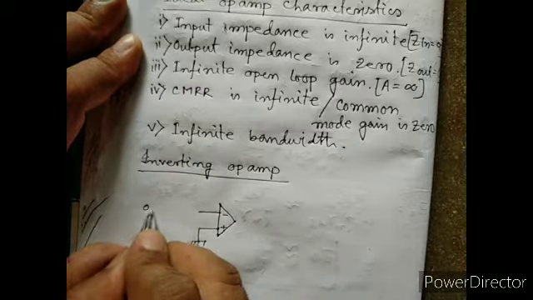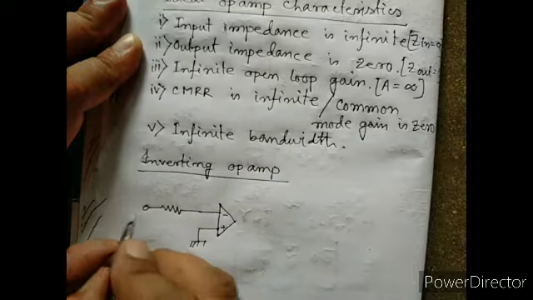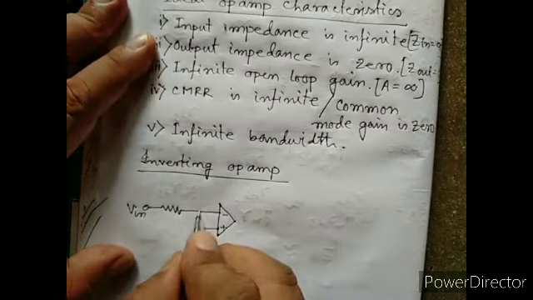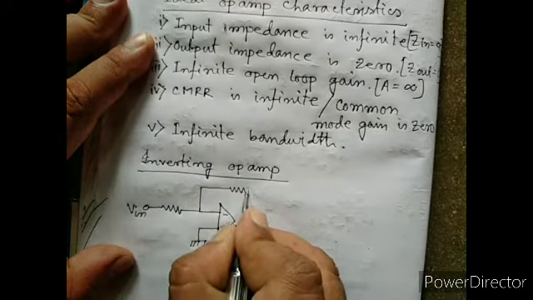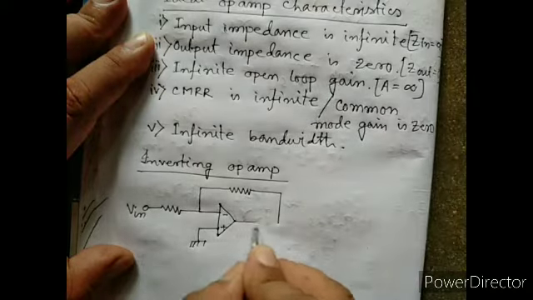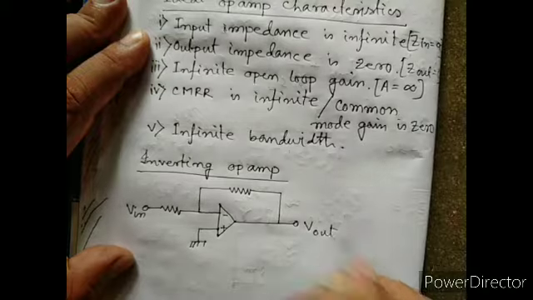So we provide an input across the inverting terminal through a resistor, Vin suppose, and there is a feedback loop, and here we are getting the output V out.